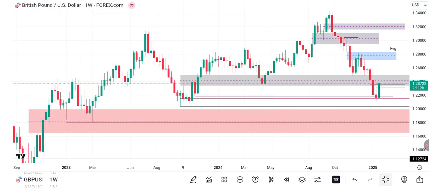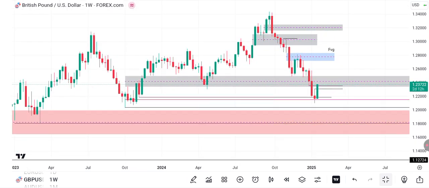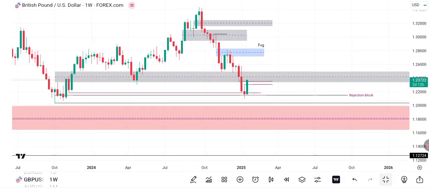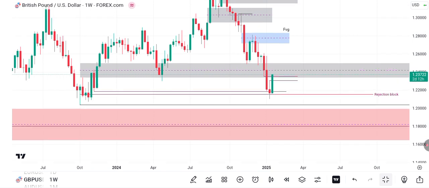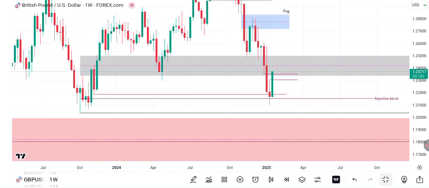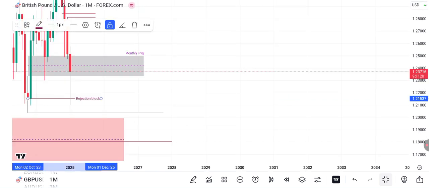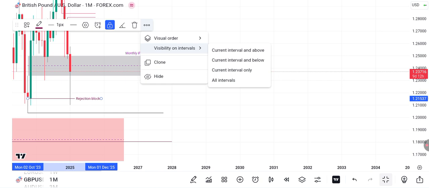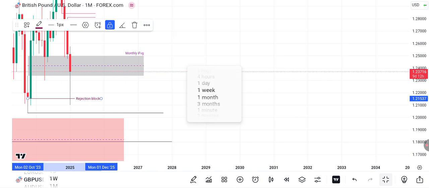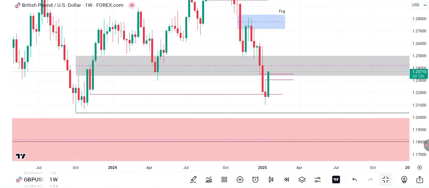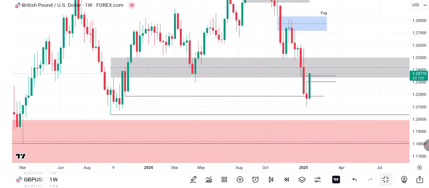Now this is the weekly time frame, and then there is my 1 month rejection block. I would just love it to be on the 1 month time frame, since I've already shown it on the weekly time frame. So on the 1 month time frame, what can I see?